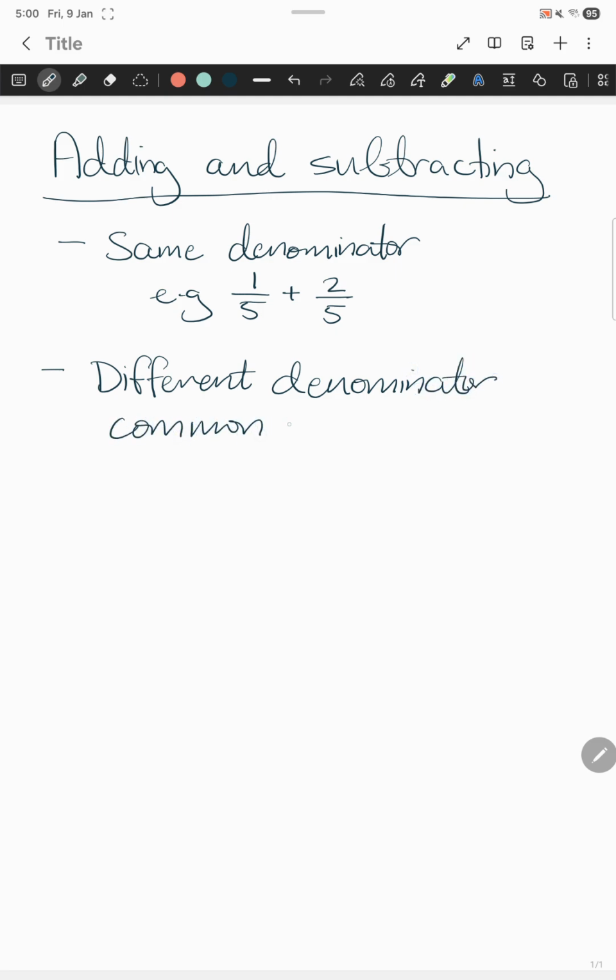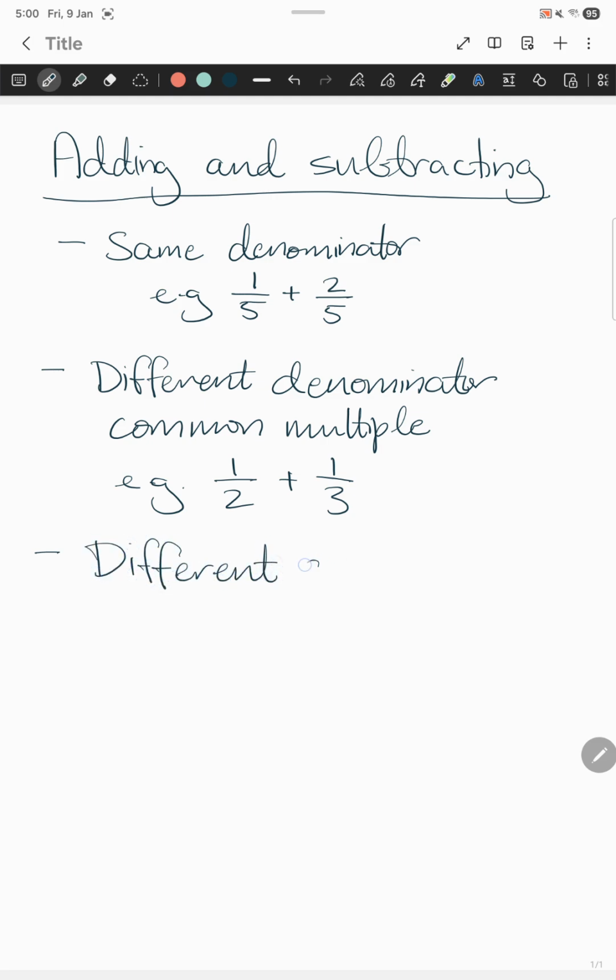So this will be a very straightforward one, and this will be the best method for beginners to use. This is, for example, if we have 1/2 plus 1/3. And then the other one, again, is different denominators, but this time we want to use the lowest common multiple.